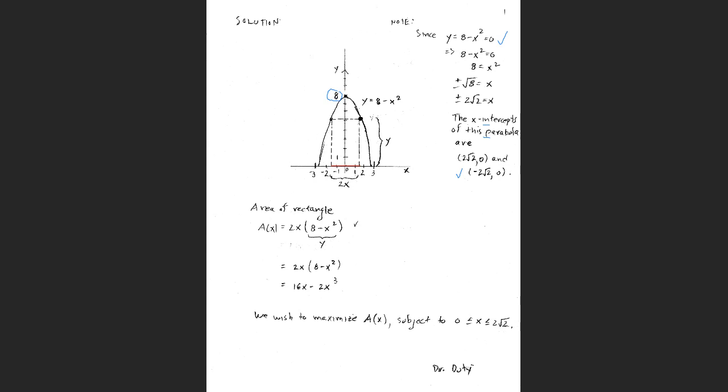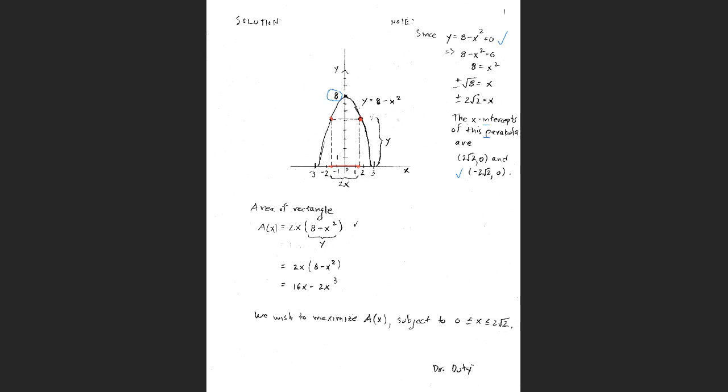There are 4 vertices to the rectangle. Two of the vertices are down here, but the other 2 vertices of the rectangle are above the x-axis and lying on the parabola.